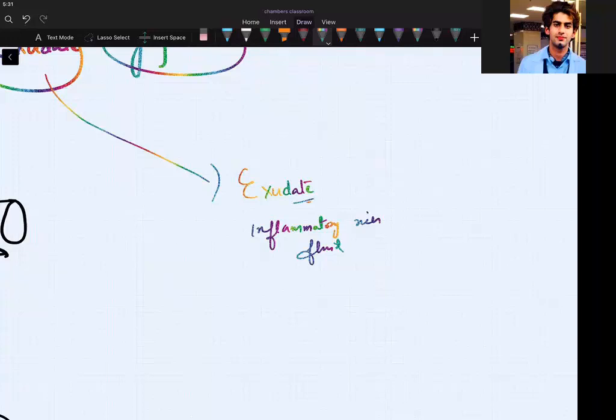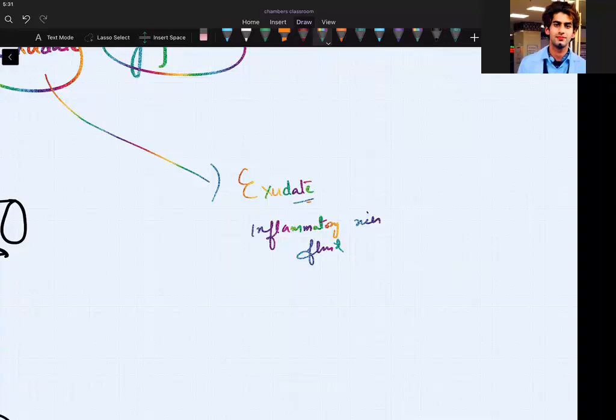That means this fluid should be rich in proteins, inflammatory proteins. There should be more amount of cell debris. There should be more amount of specific gravity, getting greater than 1.020. Are we clear? So that means there should be permeability issues with those minor blood vessels.